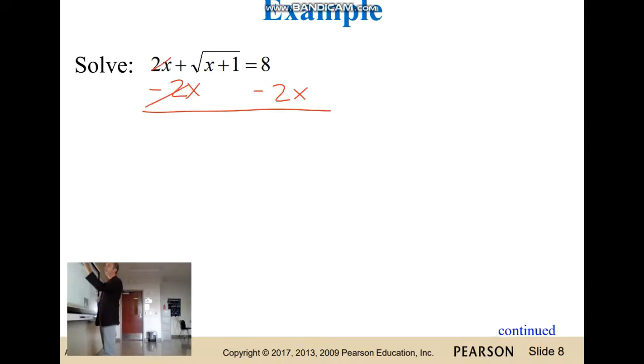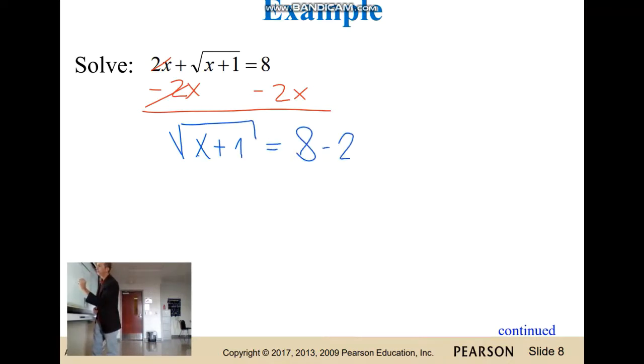Then we have square root of x plus 1 equals 8 minus 2x. At this point, we have the square root isolated on one side. Let's raise both sides of the equation to the power of 2, squared on each side.